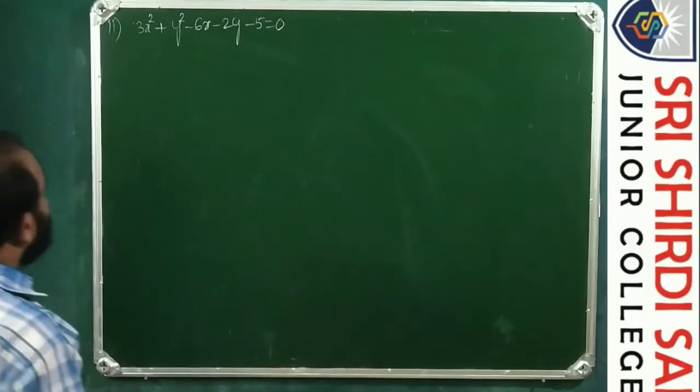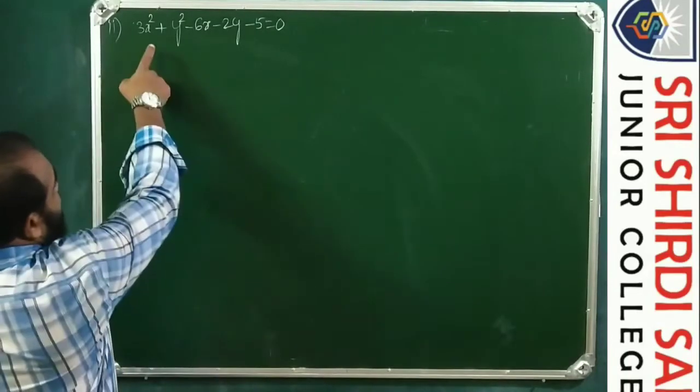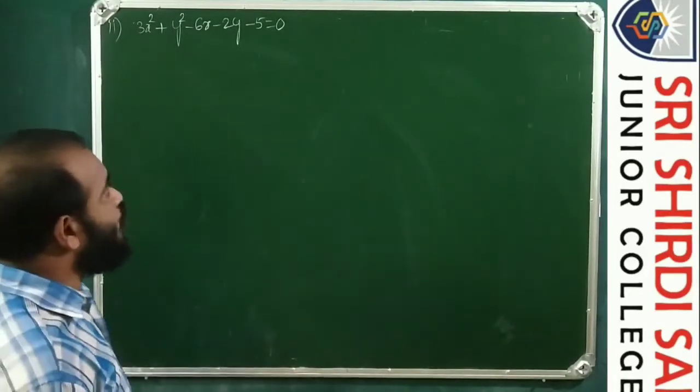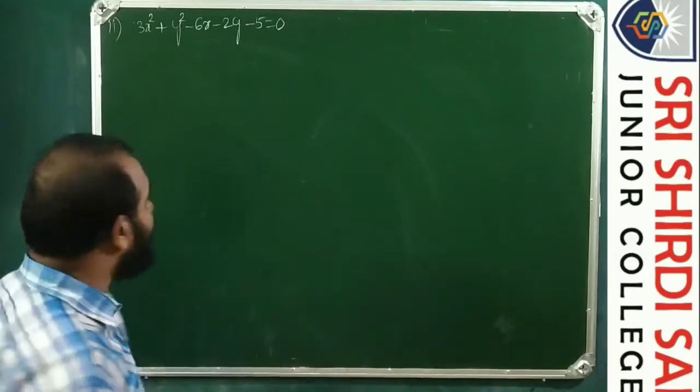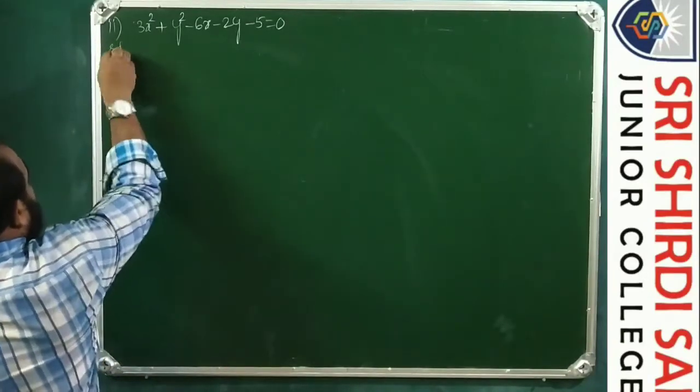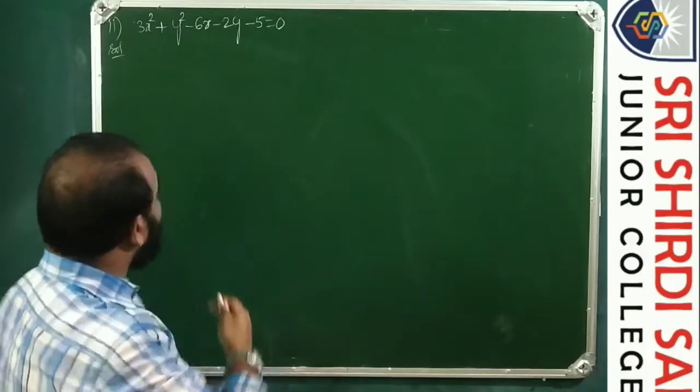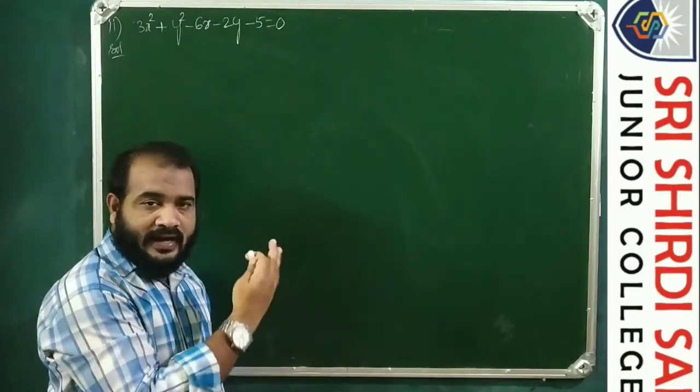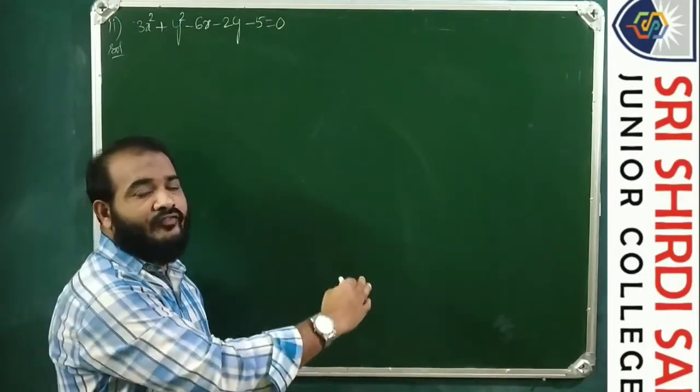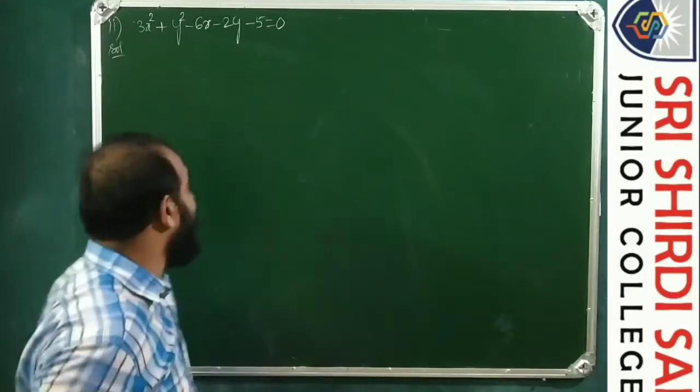Now the second one, 3x square plus y square minus 6x minus 2y minus 5 equals 0. As usual, let us keep all x terms on one side and y and constant on the other side.